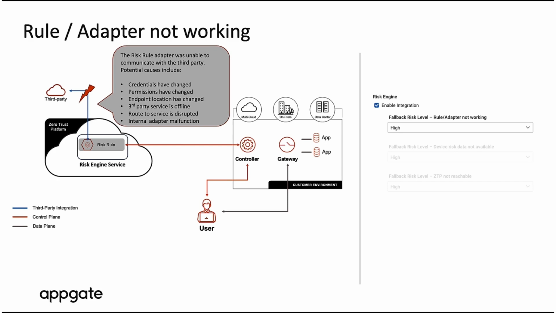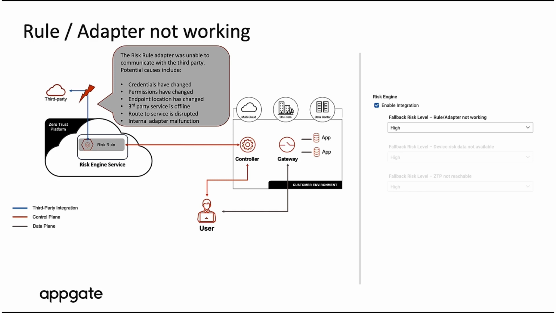A more drastic scenario is the third-party service is offline. It's just become unavailable. Perhaps more likely would be things like the route to the service, that is the route from the risk engine service to the third-party service, being somehow disrupted or disconnected. Or there may in fact be an internal adapter malfunction.